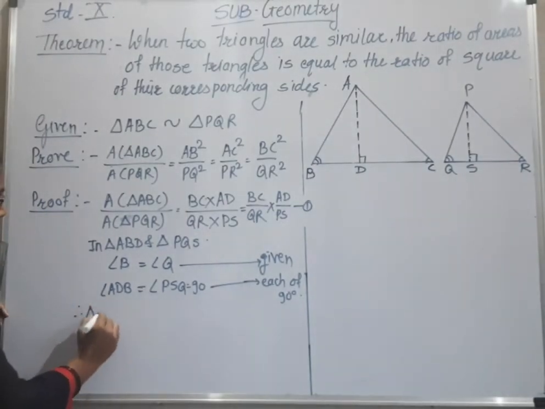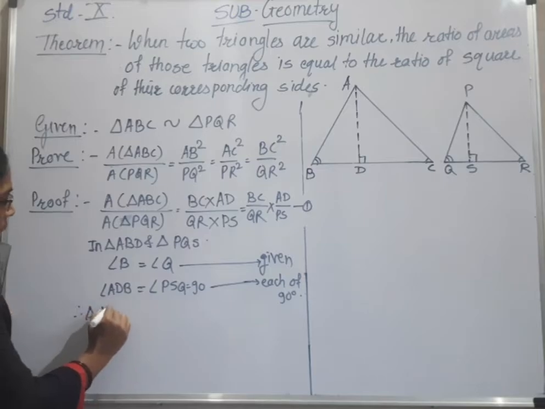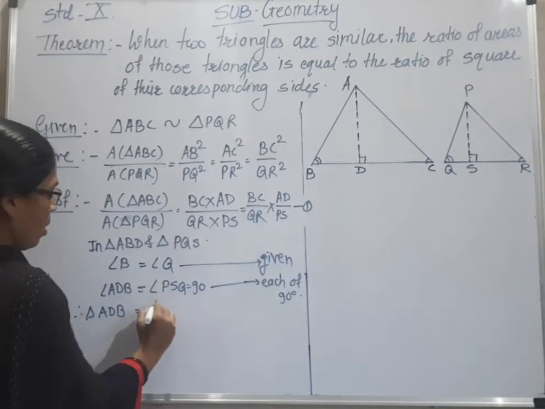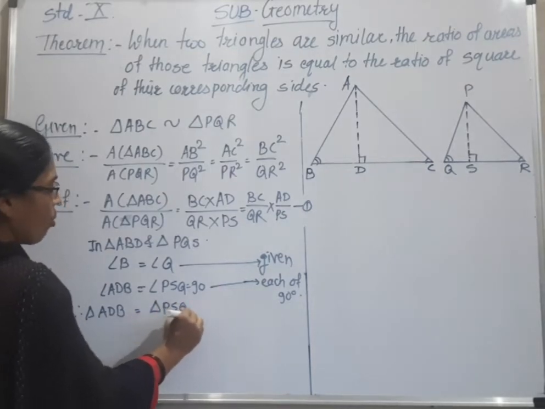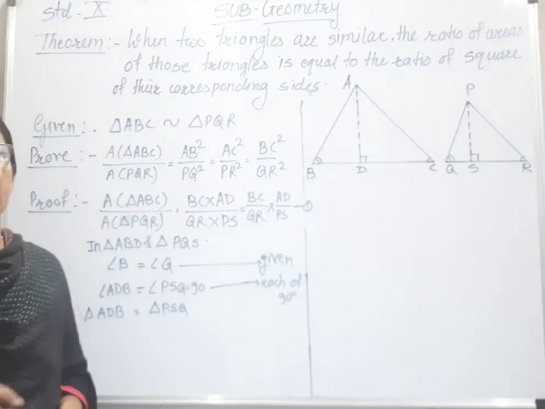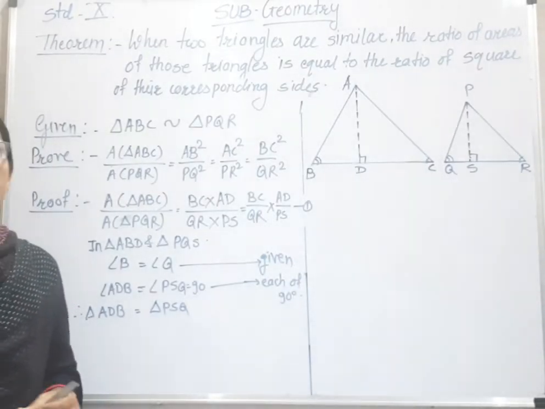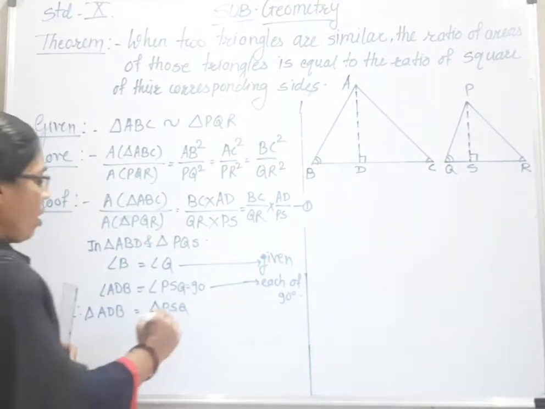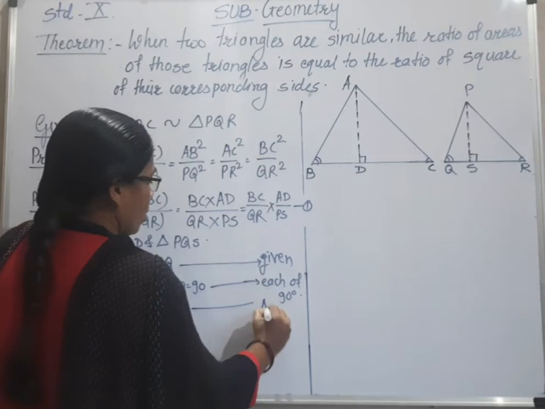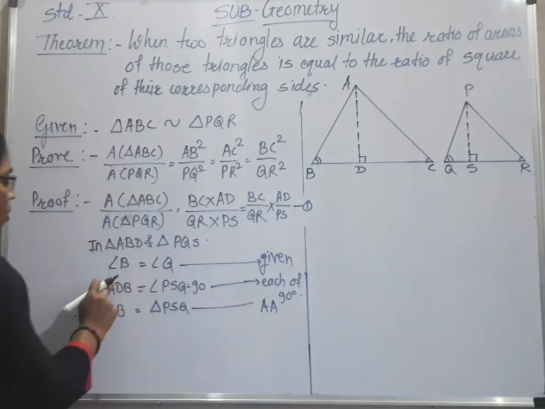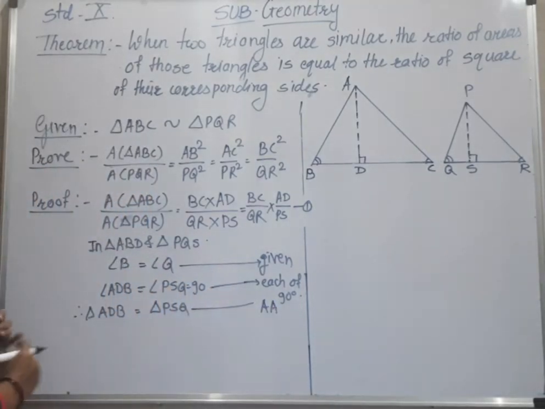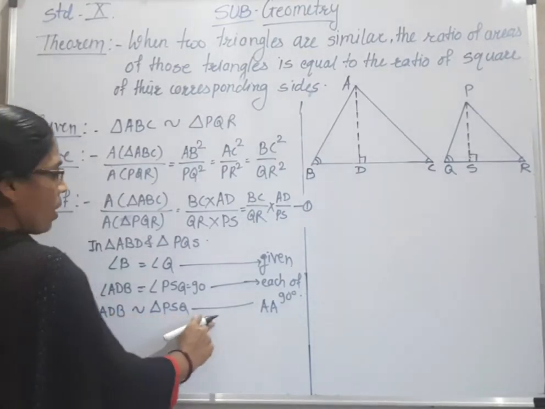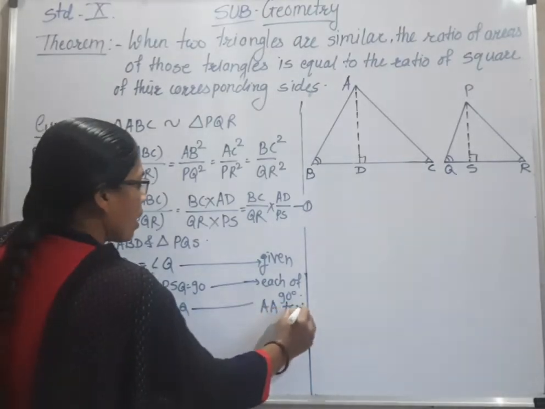Therefore triangle ADB is similar to triangle PSQ by the AA test, because these two angles are equal.